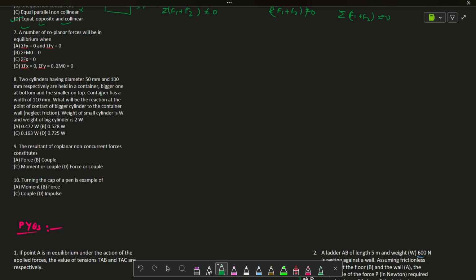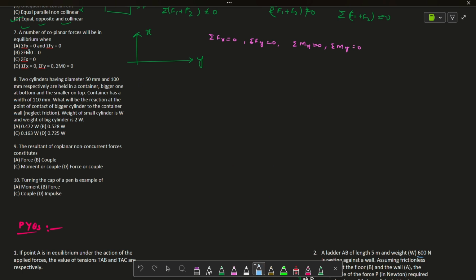The number of coplanar forces will be in equilibrium when... Coplanar forces are there, that means we have to deal in a plane, plane x and y. So for equilibrium what you need to do first is: Fx should be 0, Fy should be 0, and Mx should be 0, and My should be 0.